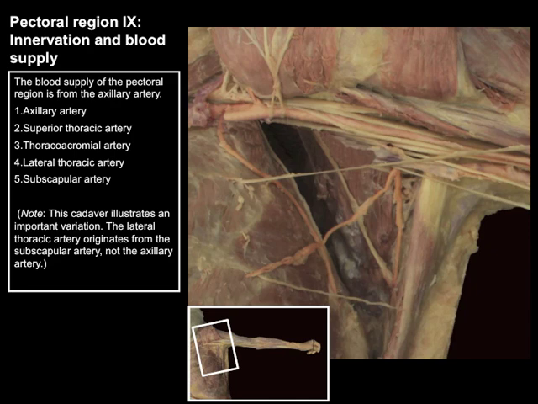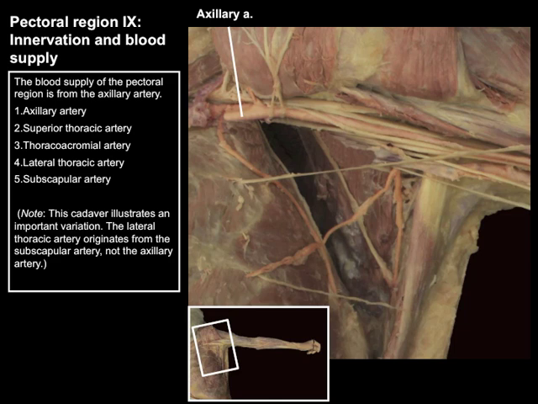The blood supply of the pectoral region is mainly from the axillary artery, a continuation of the subclavian artery. The arteries change name once the subclavian artery crosses the distal border of the first rib.